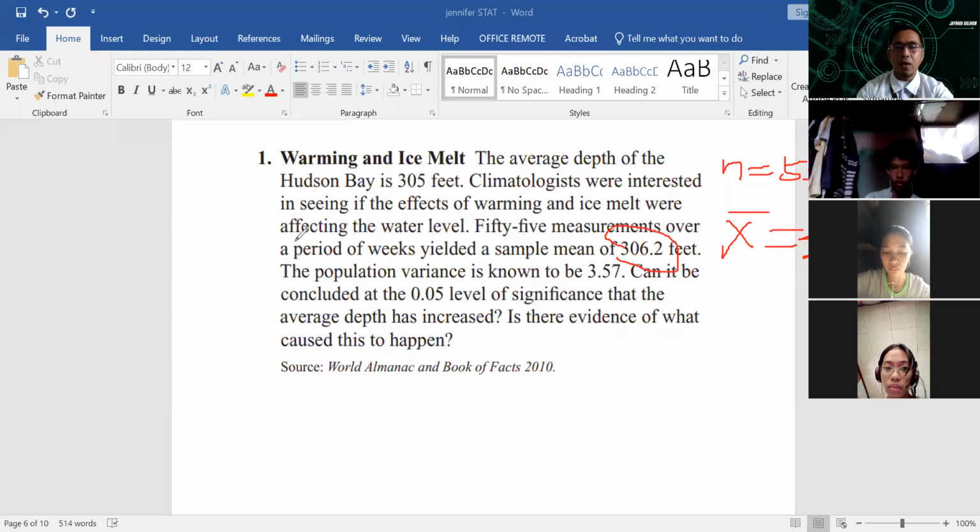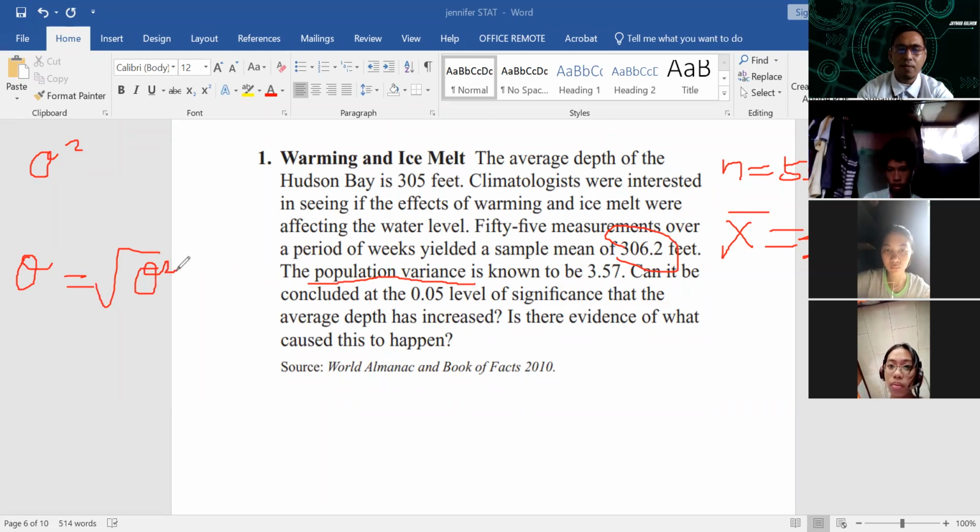Then it is stated here, the population variance. It was stated, okay? The population variance. That is the notation for the population variance, right? In your grade 8, I think you remember that the population variance is this. And your standard deviation is just equal to the square root of your variance.